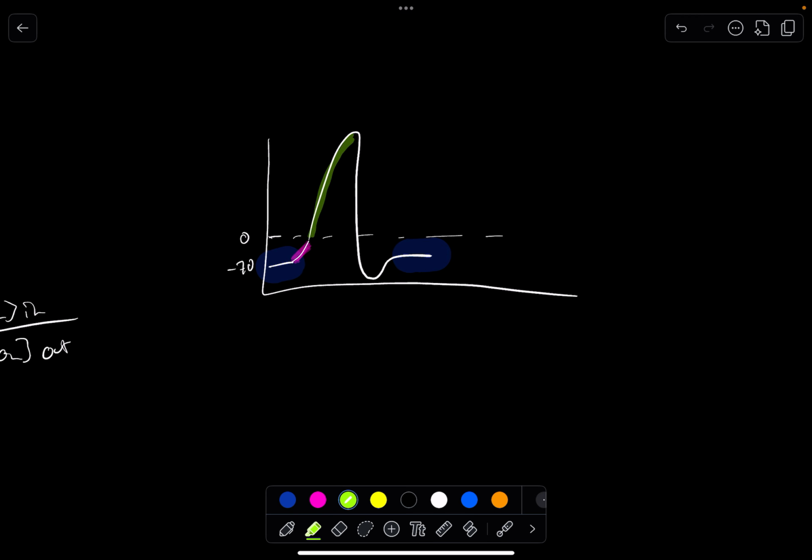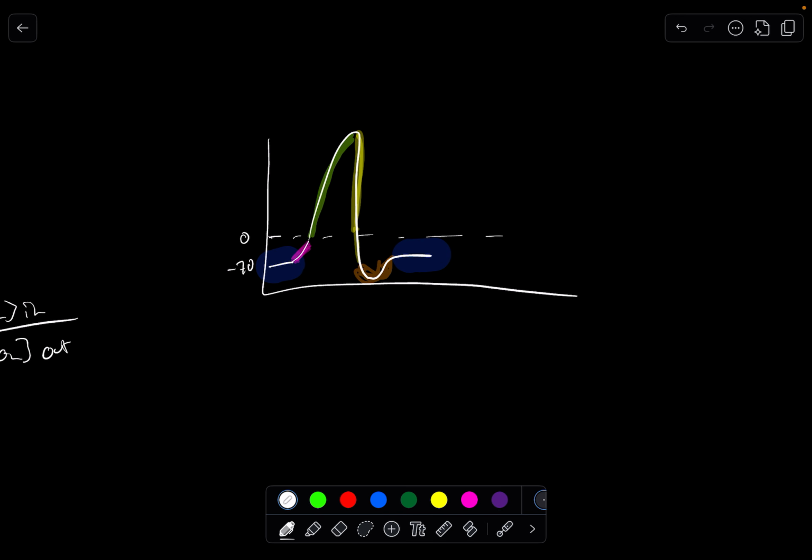Getting more positive. And then over here, you've got repolarization. And once we cross over resting membrane potential right there, it becomes hyperpolarization right here, before we get back into resting membrane potential.